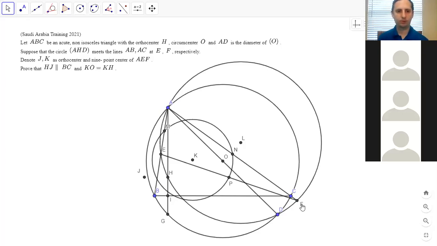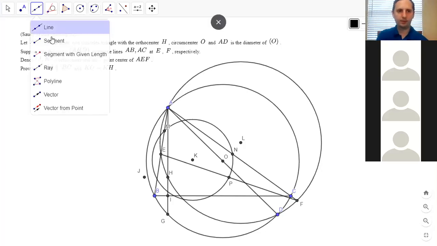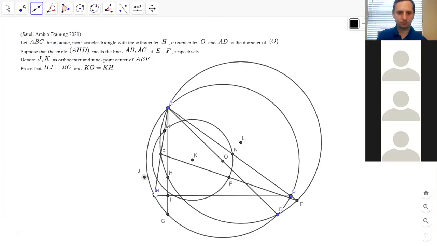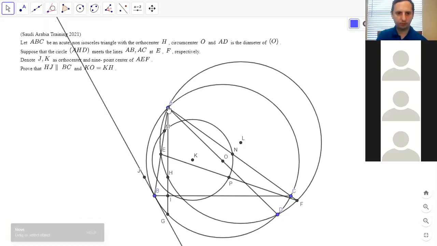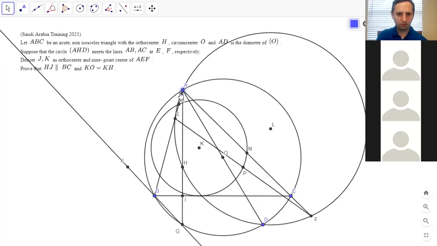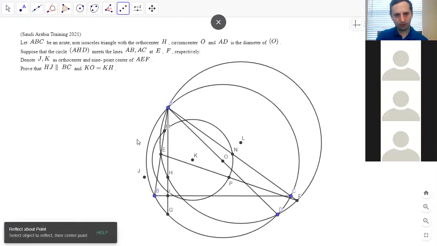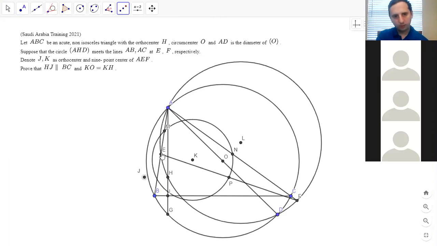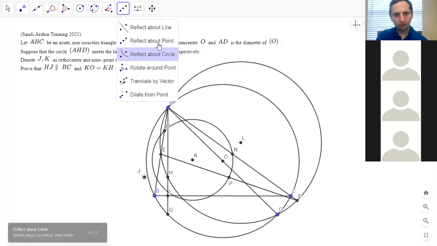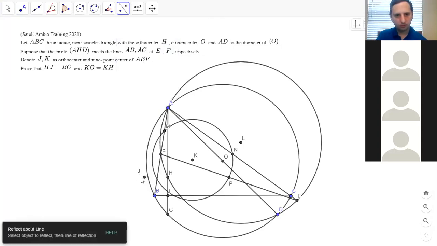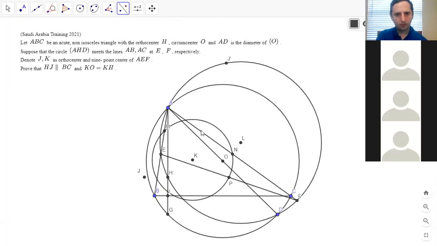So yeah, first I'm trying to show the first part. I wonder if J, B, and G are collinear. But it almost looks like JB's tangent, but I'm not sure if that's true either. No. But what if we reflect J over E? No, if we reflect J over AF, it should lie on that circle.